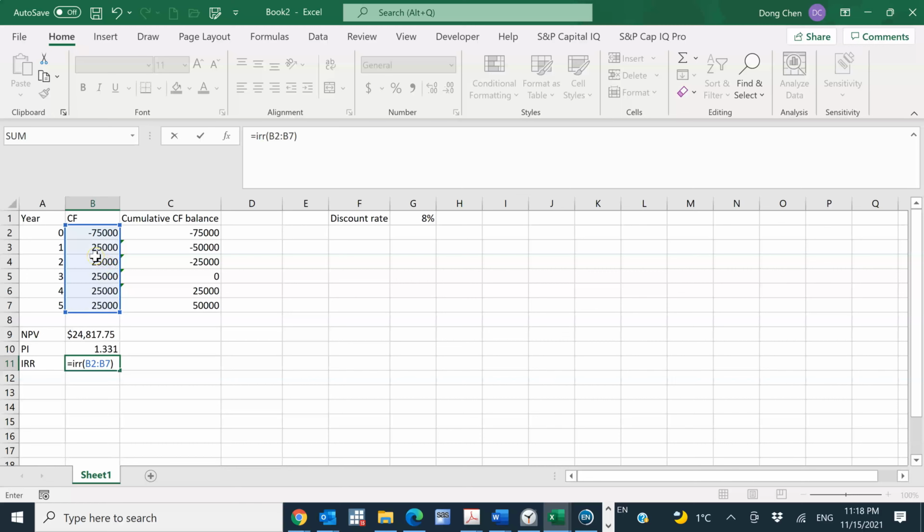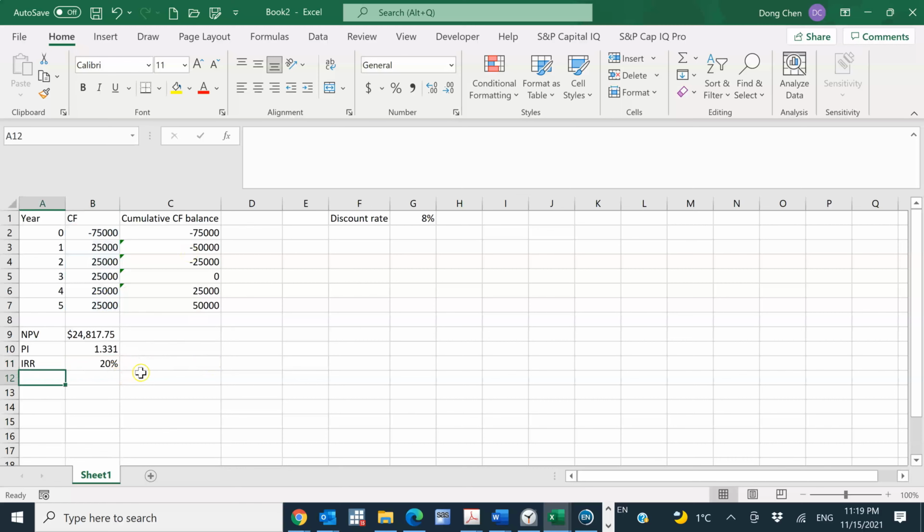Because the maximum number of IRRs, as we learned in this chapter, is the number of times the cash flows switch signs. But in this case, the cash flow only switches signs once, from negative to positive and stays positive. So there can be only one possible IRR. In that case, we don't have to worry too much about the guess value, the initial trial value. So we just put that, and then it gives us 20%.